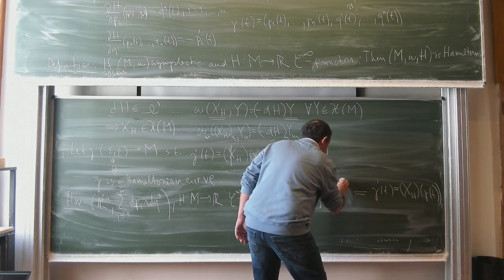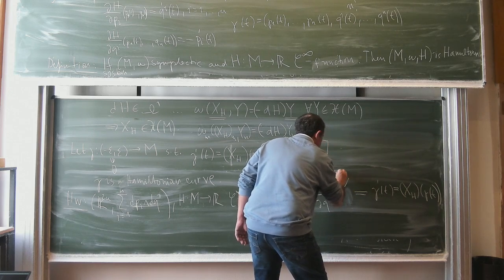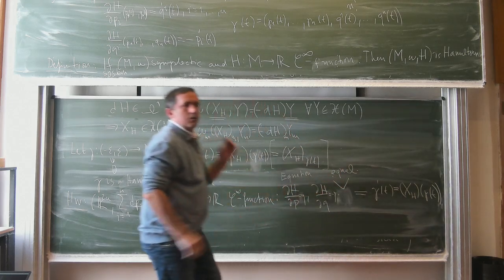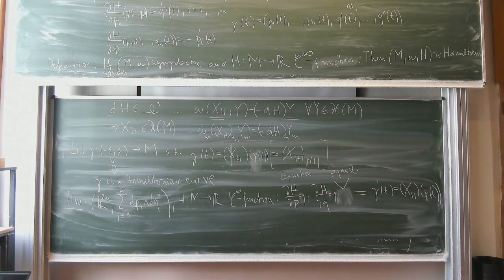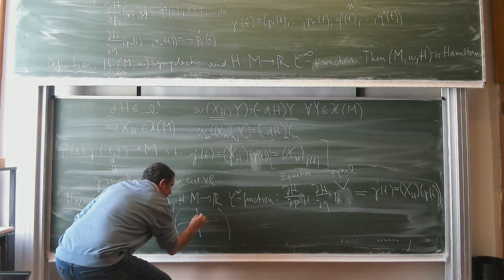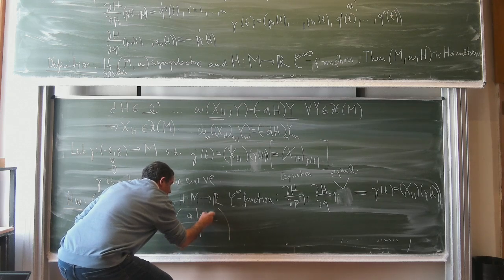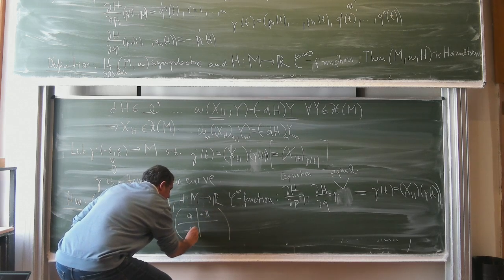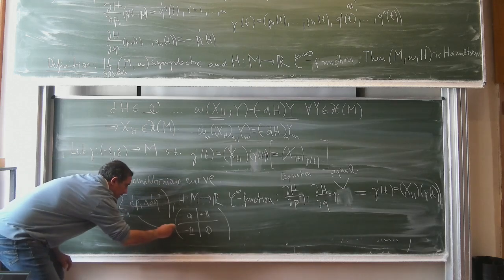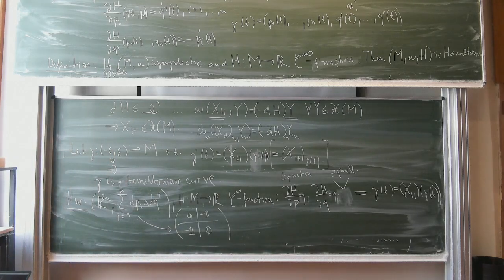This is what you can verify in this canonical situation. You can use the matrix, the fact that the matrix is plus minus this omega, if you would like to do it.